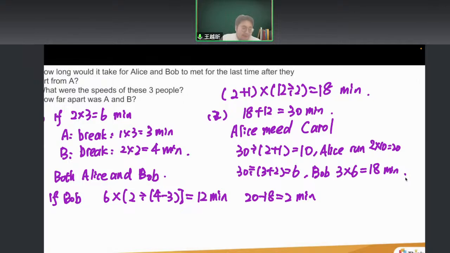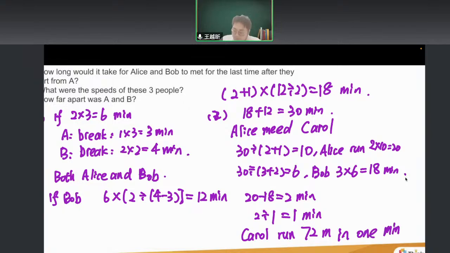Which means Bob and Carol will meet 2 divided by 1 equals to 1 minute. After 1 minute, Bob and Carol will meet. Which means Carol will run 72 meters in 1 minute. So do we know the speed? Yeah, their speed is just 72 meters per minute.